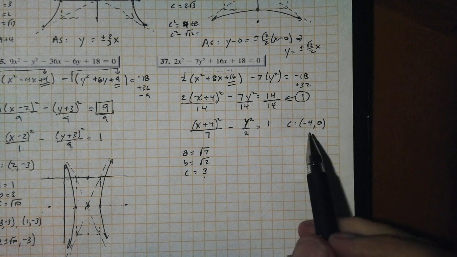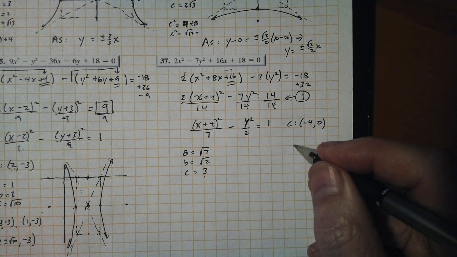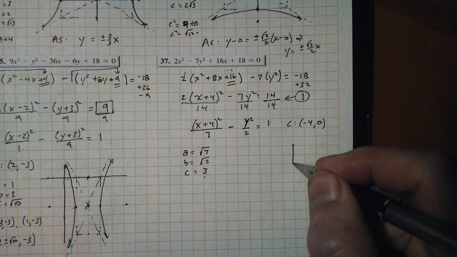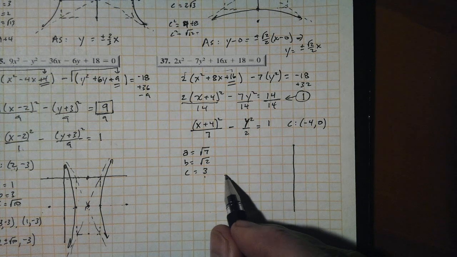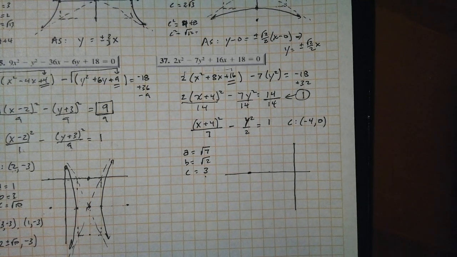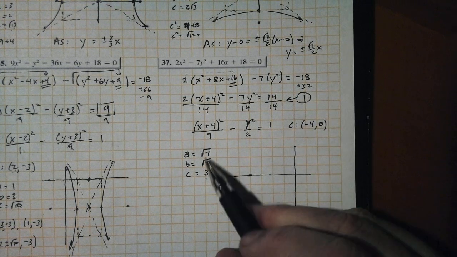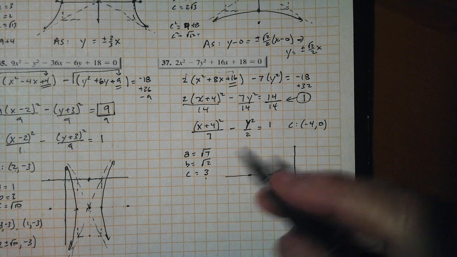So I need to go left 4 and up 0, and I'm not moving too far from there. So here we go. Let's go left 4. There's our center. From there, up square root of 7. That's between 2 and 3, maybe a little bit closer to 3.